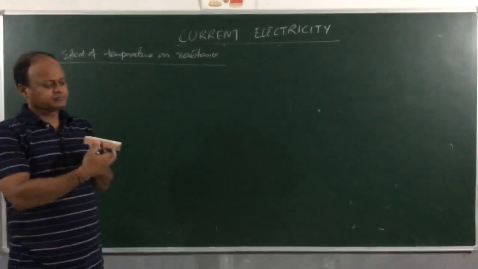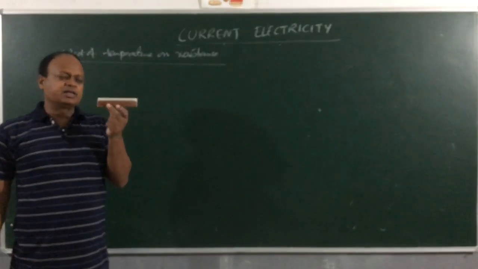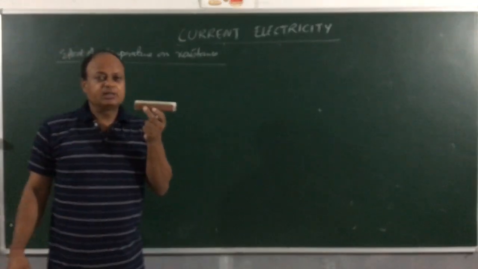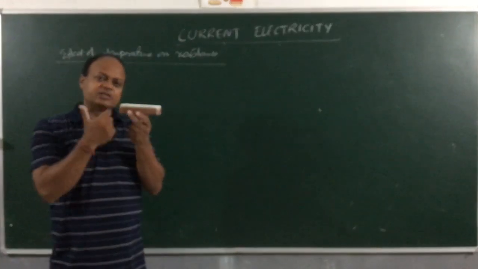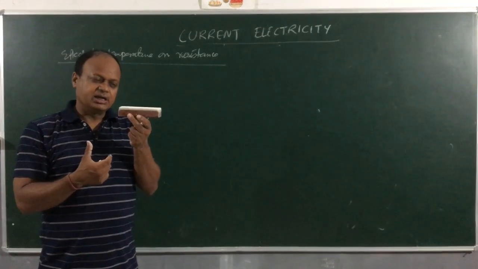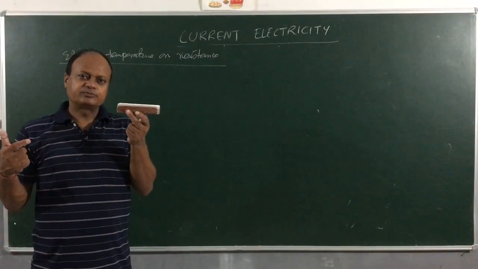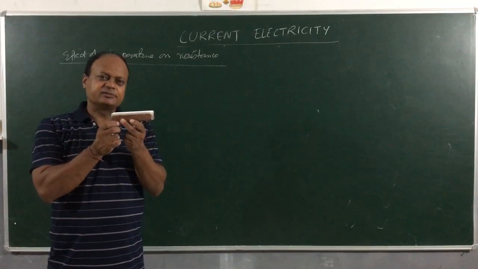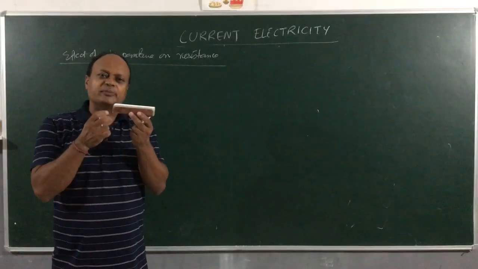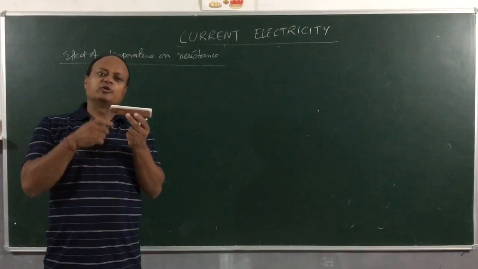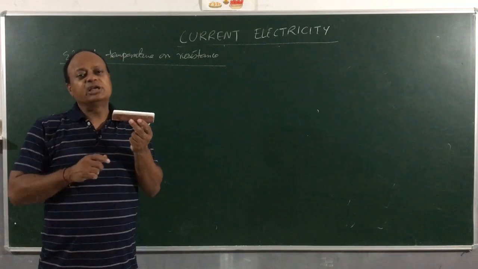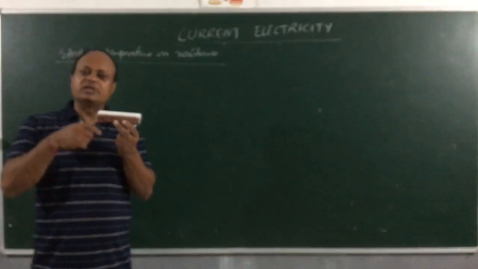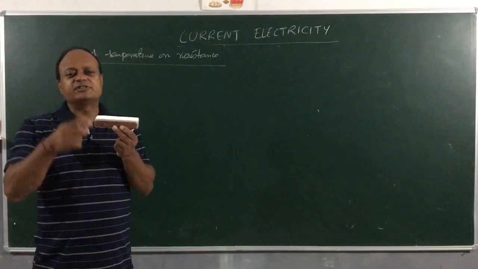Let us see, for example, I consider this duster to be a metallic conductor. If I heat this, then what will happen? Despite the fact that I have already applied a potential difference across it and the electrons having a streamlined flow in a direction from negative terminal to positive terminal, if I increase the temperature, then electrons will gain more thermal energy, and when electrons will gain more thermal energy, they will be more agitated and they will be colliding more, and when the collisions will increase, this will increase the resistance.